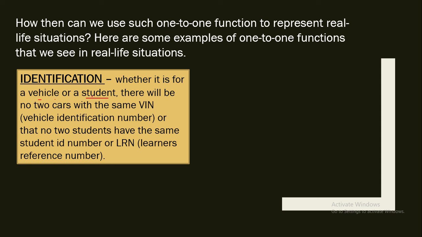Di ba po nag-enroll tayo, tas meron kayong LRN? So, meaning to say, isang student, isang LRN. Kaya siya one-to-one. Vehicles naman, guys. Ang isang sasakyan, isang plaka sa likod. Walang kamukha ang kanyang plaka or yung plate number. So, one vehicle, one plate number.